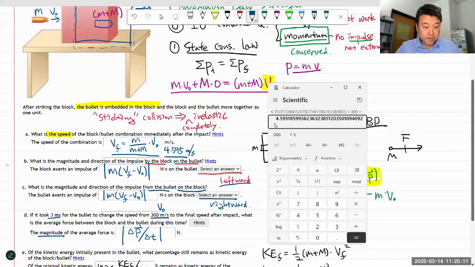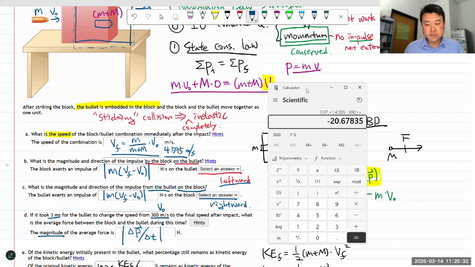So the magnitude and direction of the impulse by the block on the bullet should be the mass, 0.07 kilogram, times the parenthesis open, 4.595 minus 300, parenthesis close, is equal to minus 20.68, or absolute value, so 20.68.